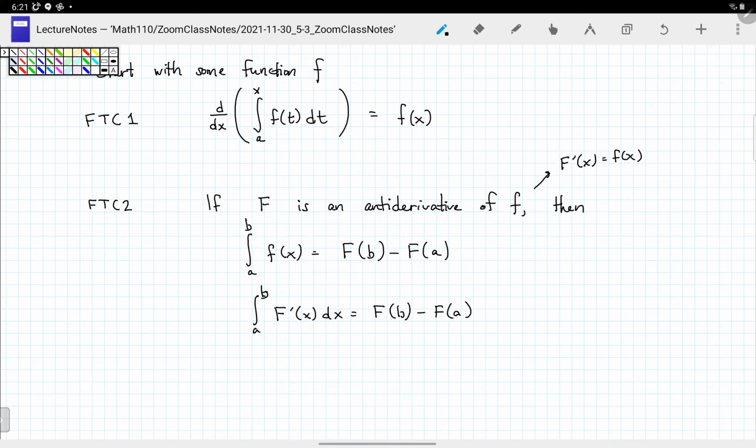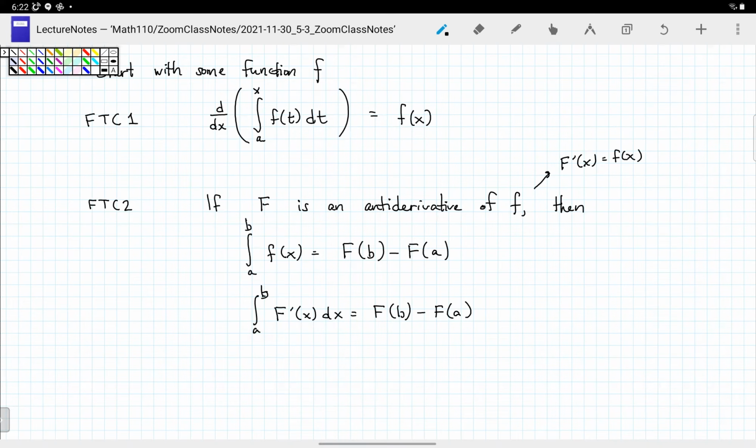And again, what we have is some sort of combination of differentiation and integration gives us back, basically all we have to do is look at the original function. Okay, and so there is this kind of inverse relationship between integration and differentiation.